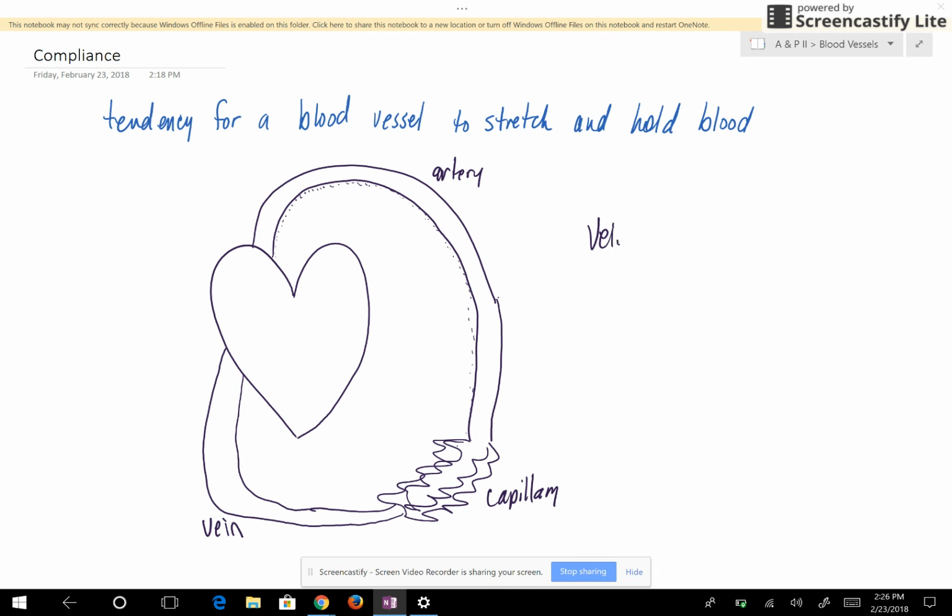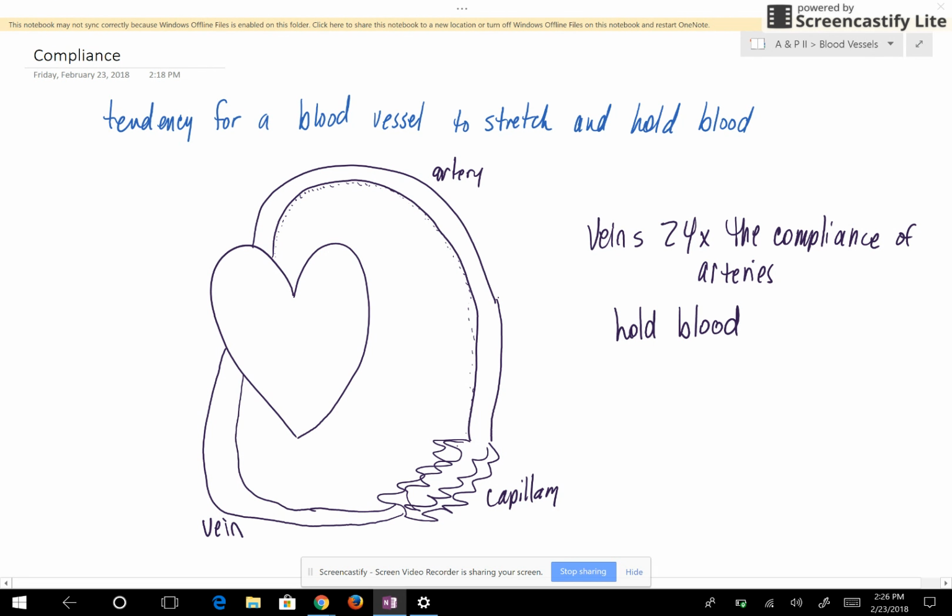The veins have 24 times the compliance of arteries. That means that they're able to hold the blood. If they hold the blood, that means that the blood is not going to the heart.